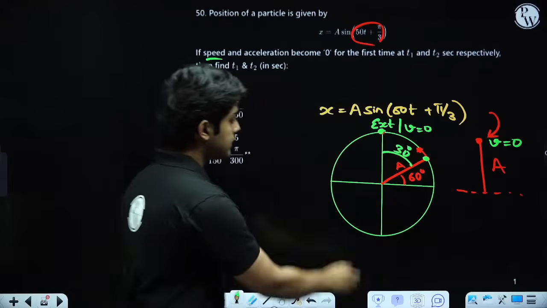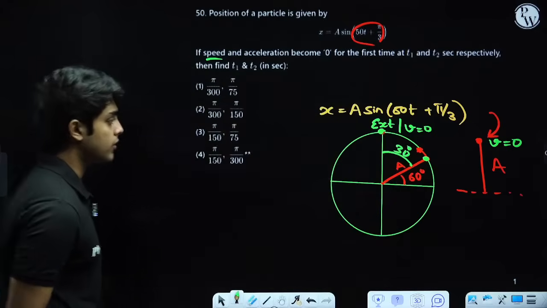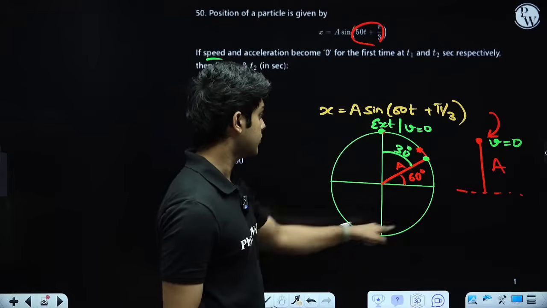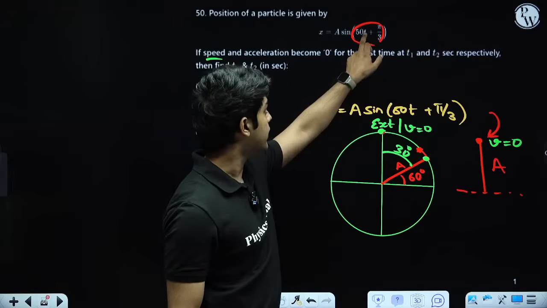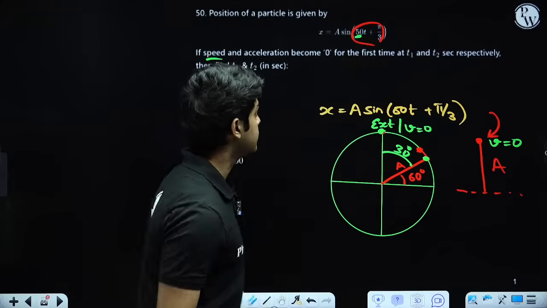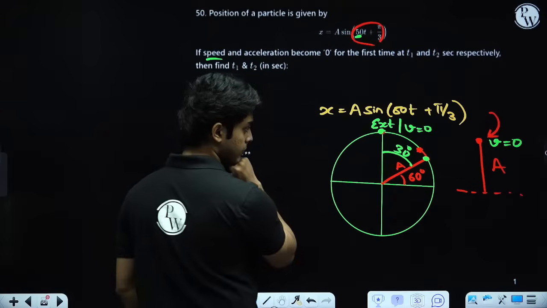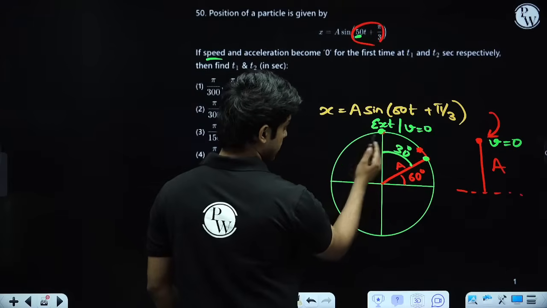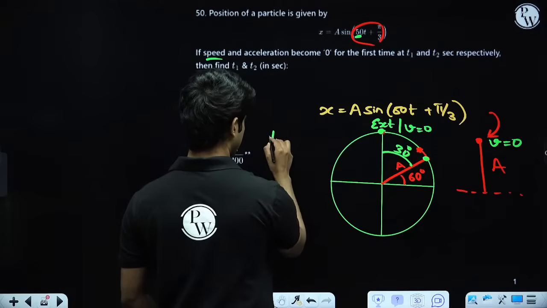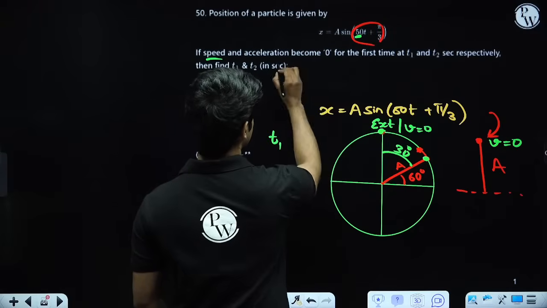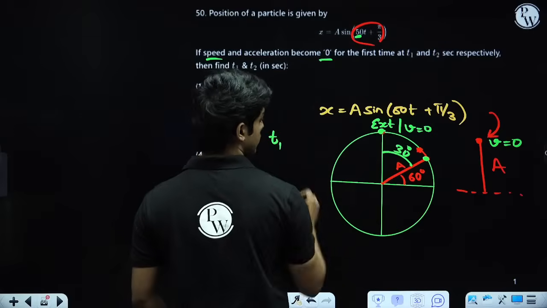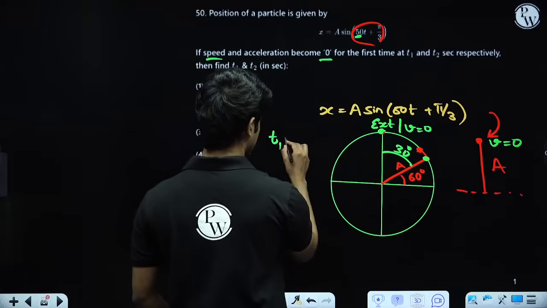This phasor circle is a uniform circular motion, and the particle is rotating with the same angular velocity as this omega. So omega is 50. The time t1, when the particle's speed becomes 0, will be theta by omega.